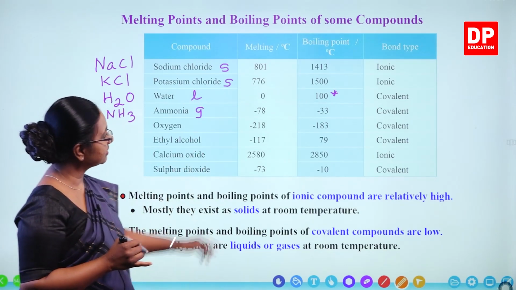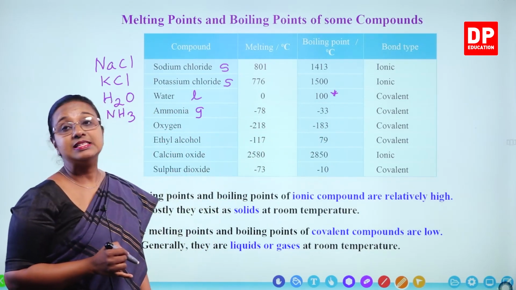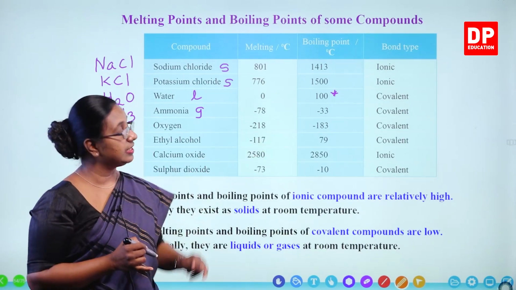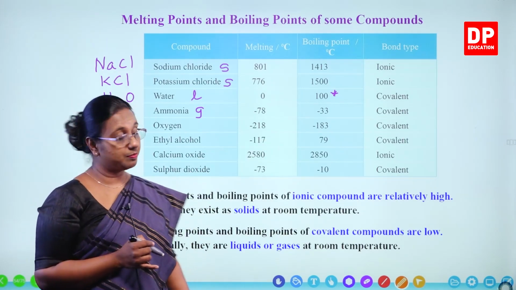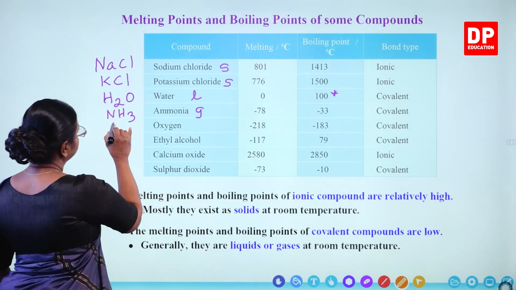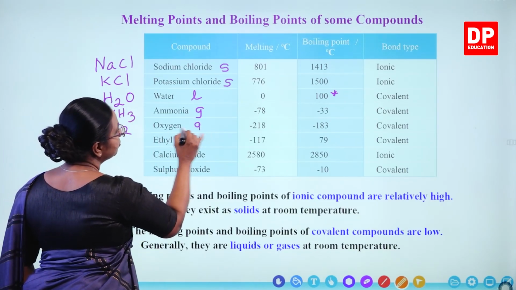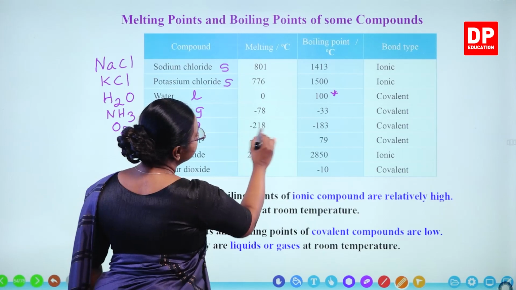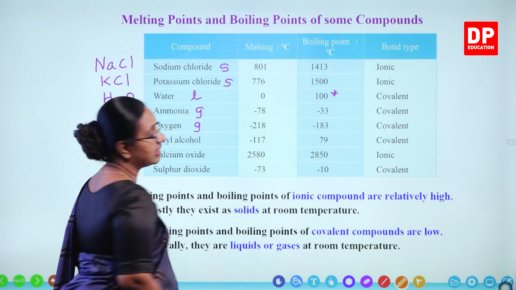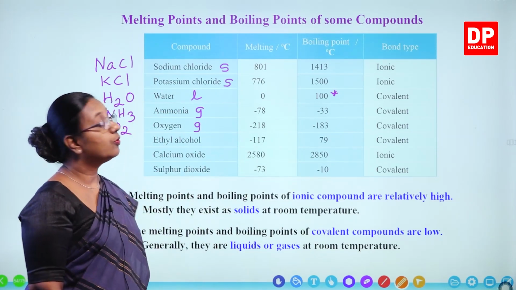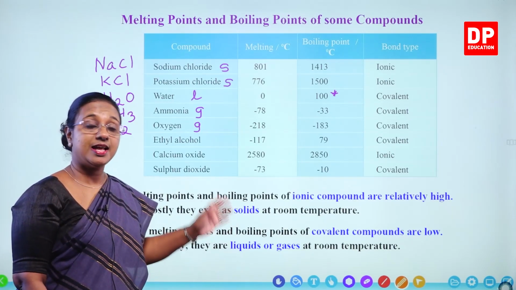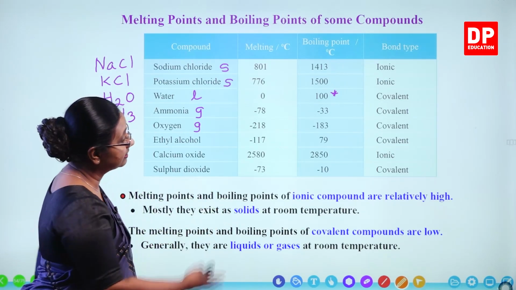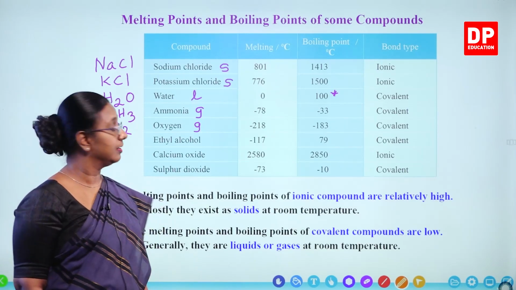Ammonia is a gas because it has low melting and boiling point. So it is also a covalent compound. Then oxygen, O2, that is also a gas. You can see minus 218, minus 183. Very low melting and boiling points. That is why oxygen is a gas. That again is a covalent compound.